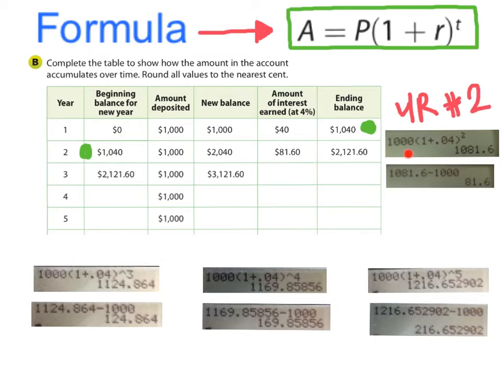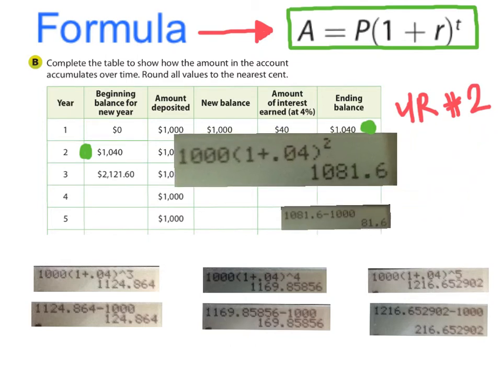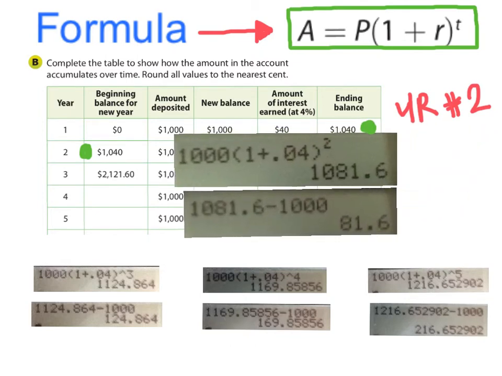The original amount times 1 plus the interest rate as a decimal, 0.04, times the number of years. So I'm going to enlarge that just so you can see it a little bit better. Okay, I've got my original amount, capital P, times 1 plus 0.04. That's my interest rate as a decimal, or the R. And the exponent is 2 because now we're talking about year 2.